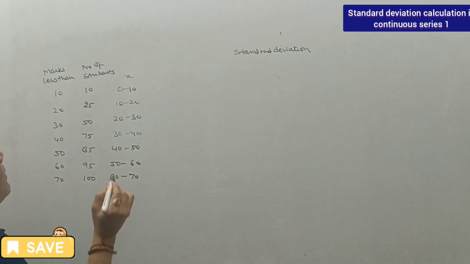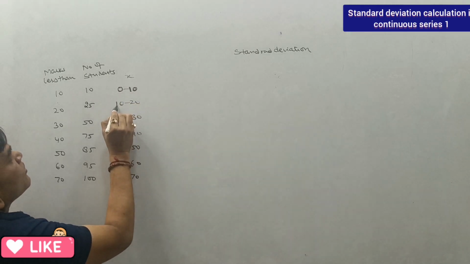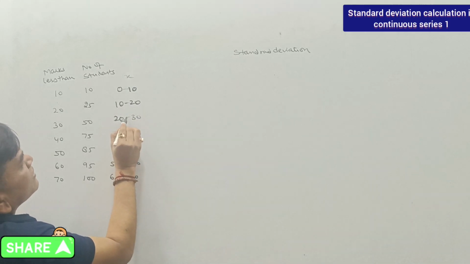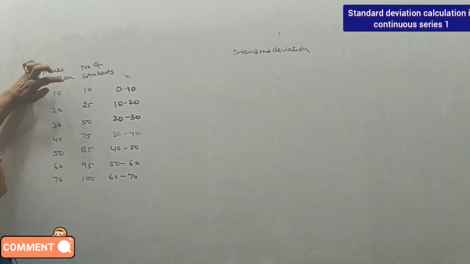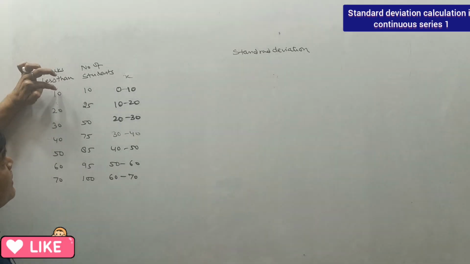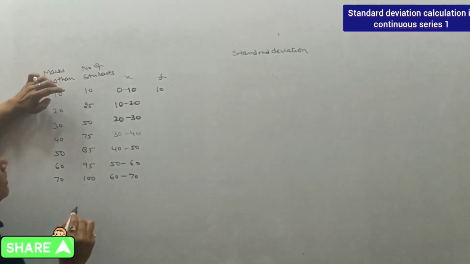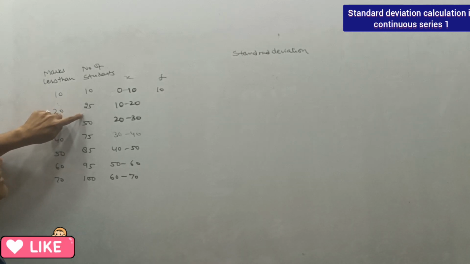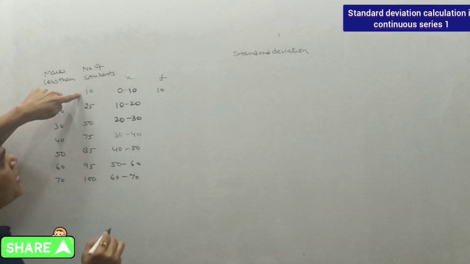Here 10 students scored less than 10 marks, so the frequency is 10. Here 25 students scored less than 20, and less than 20 also includes less than 10, so for 10 to 20 we take 25 minus 10, that is 15.